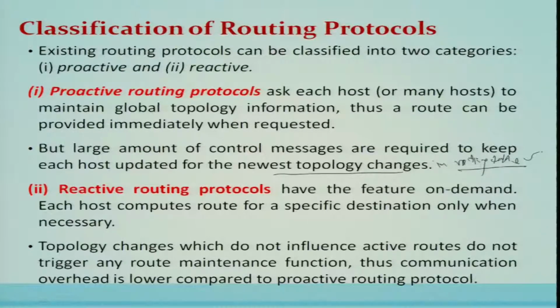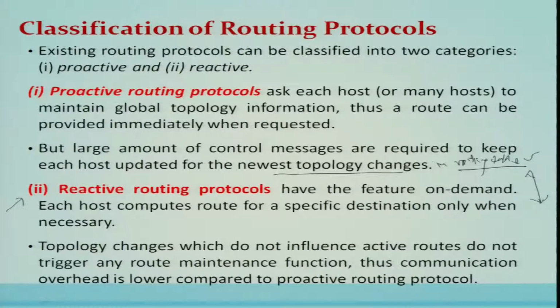In contrast to the proactive routing protocol, there is an alternative solution which is called reactive protocols. Reactive routing protocols have a feature of on-demand construction of the routing path. So each node computes the route for a specific destination only whenever it is necessary. So obviously, in contrast to proactive, the reactive routing protocols are affordable, or basically can be used in such networks which are resource constrained.